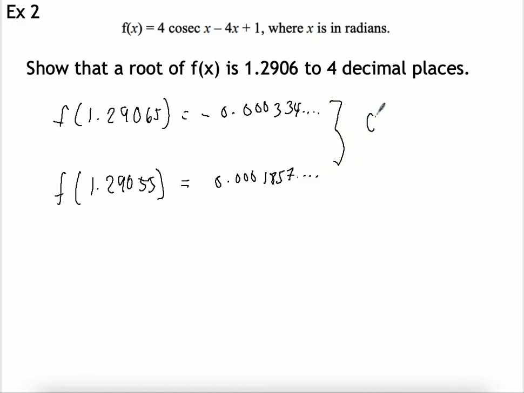Okay, and there is a change in sign. Therefore, we call the root alpha. Alpha is 1.2906 to 4 dp. And that's locating roots.